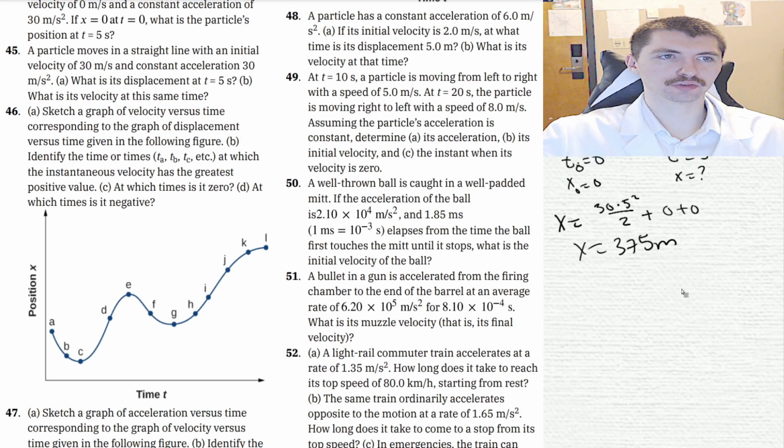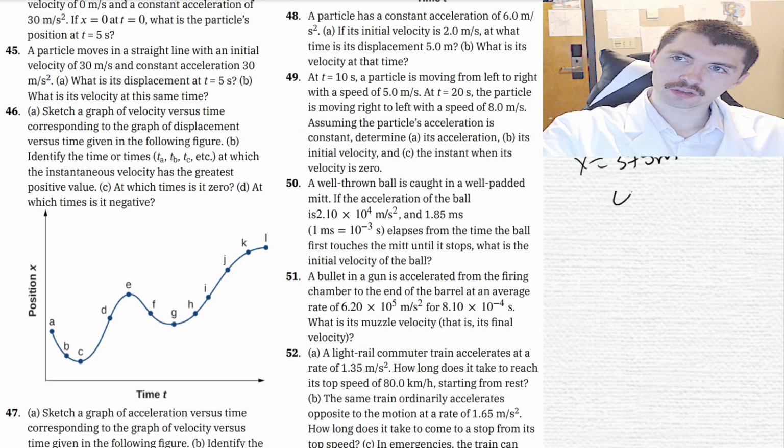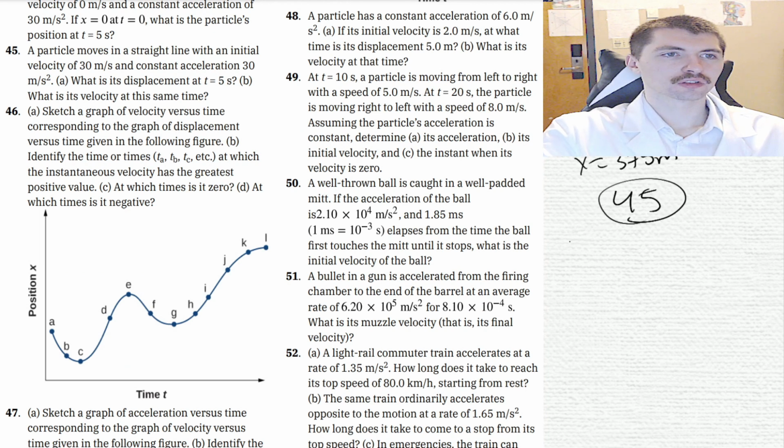Particle moves, so we're doing 45. Particle moves in a straight line. The initial velocity v naught is 30. A is 30.